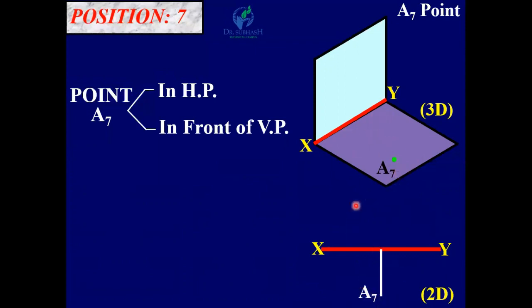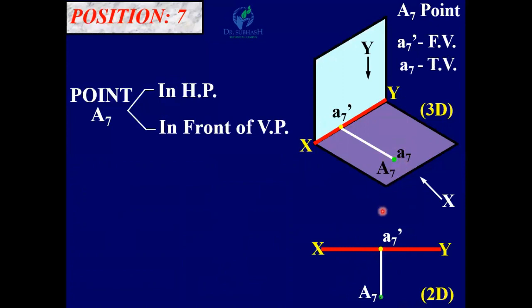Okay, if we rotate this plane by 90 degree, now in front view, you can see the front view A7 dash is on XY line. So A7 dash is the front view. Here you can see it is on XY line. Now for top view, A7 will be here and it is below XY line.